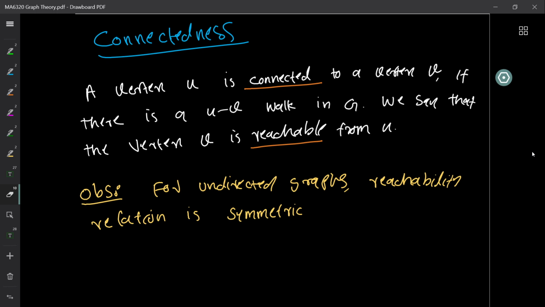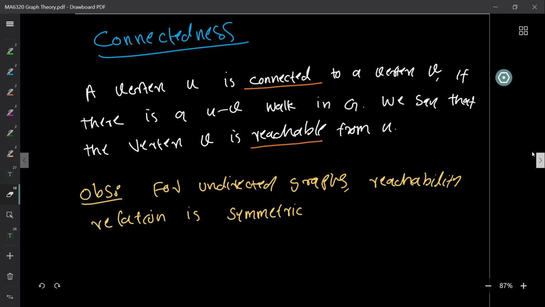On the other hand, for some other types of graphs, which we will come to later, this is not necessarily symmetric. So if V is reachable from U, then we can also say that U is connected to V.